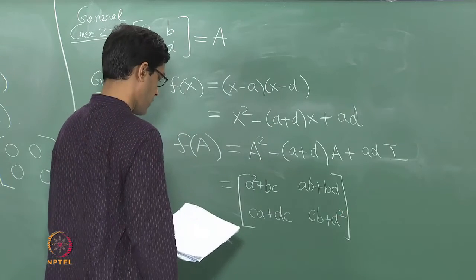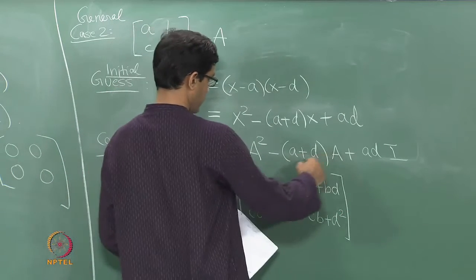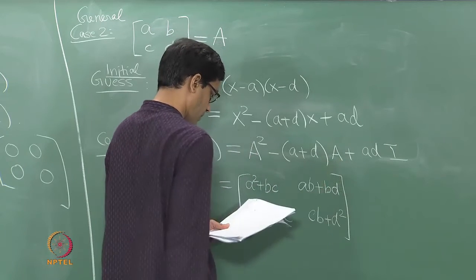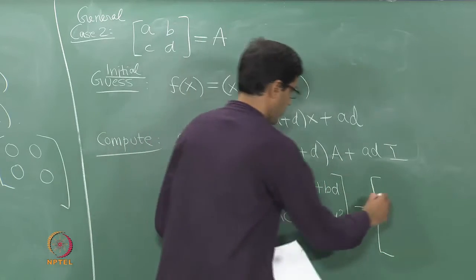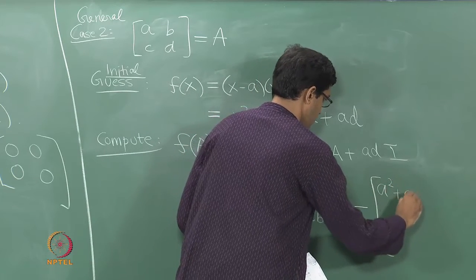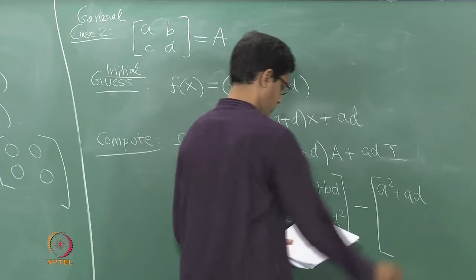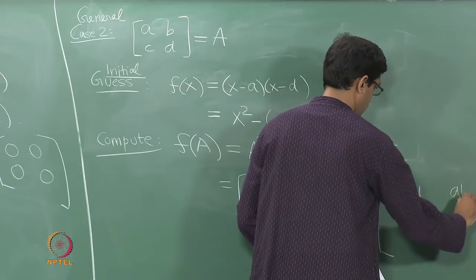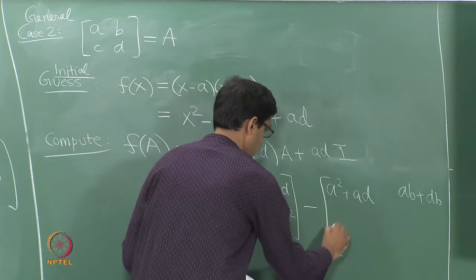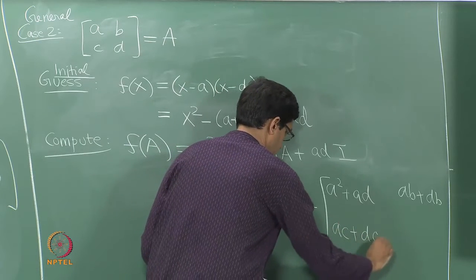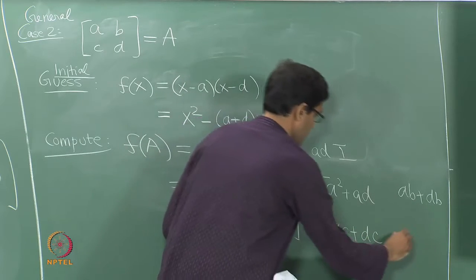So that is just the square of A, and the second term, in which you multiply each entry of A with (a plus d), looks like, so this is minus, a squared plus ad, ab plus db, ac plus dc, and ad plus d squared.